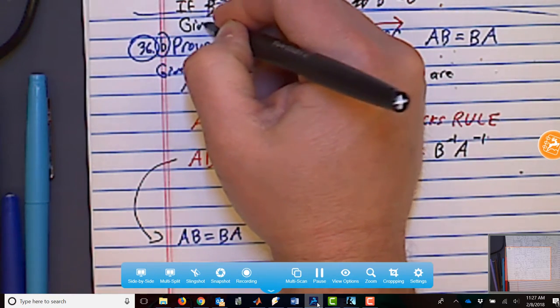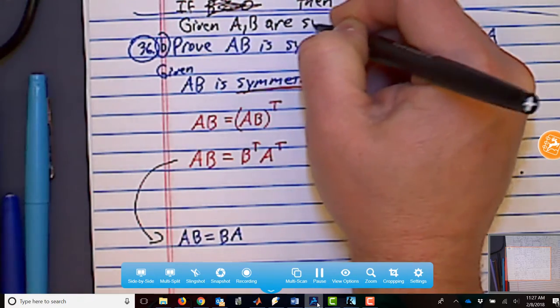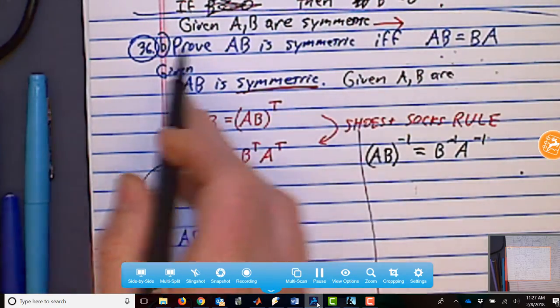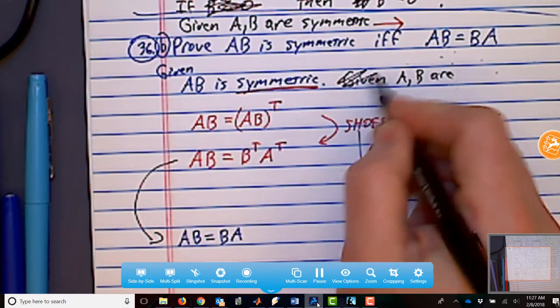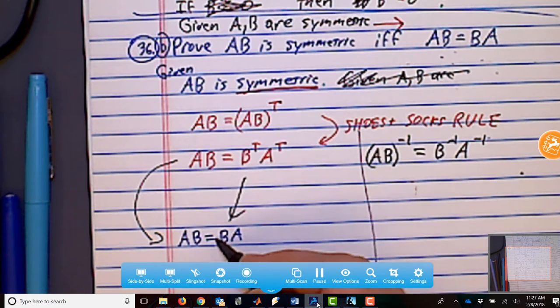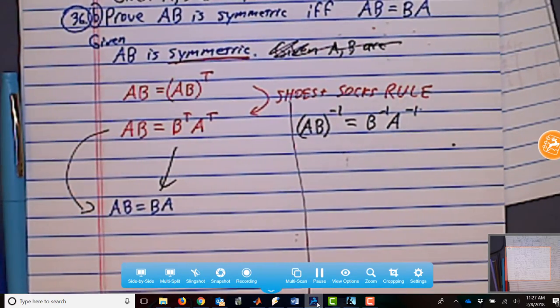So given at the top, A and B are symmetric. And otherwise this isn't true. But if you have A and B symmetric, then you can go from here to here, because B transpose is the same as B and A transpose is the same as A. I want to talk about the shoes and socks rule for the inverses next.